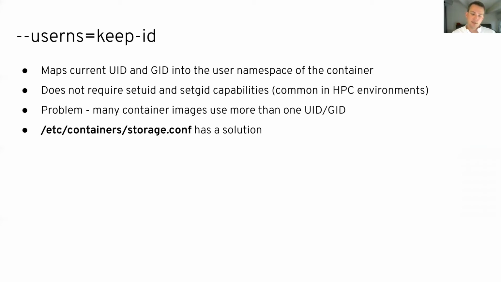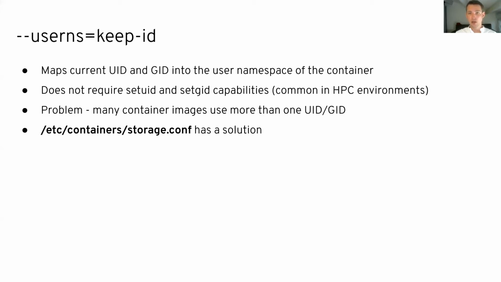What it does is it maps the current UID and GID into the user namespace of the container. So in this case, we wouldn't have 100009 and 10 as before, but 1000 and 1000, which would mean inside the container we have the same UID as outside. This is pretty cool because it doesn't require setuid and setgid privileges, which is required in some HPC setups.